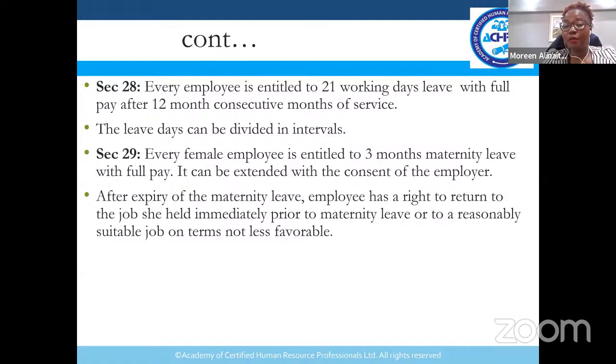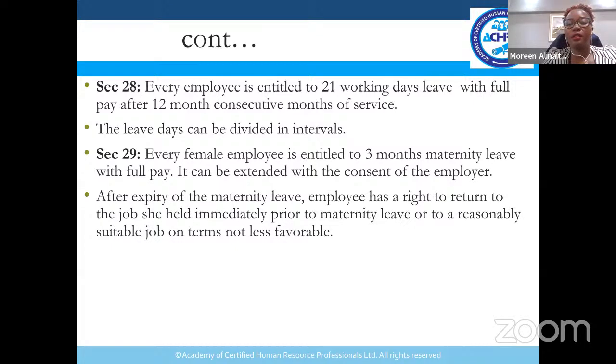It happens in some organizations, or their salary has been cut, or they have now been replaced. Some people proceed on maternity leave, and then when their maternity leave is done, they are called and told that their work is no longer available. I've seen this happening a lot.